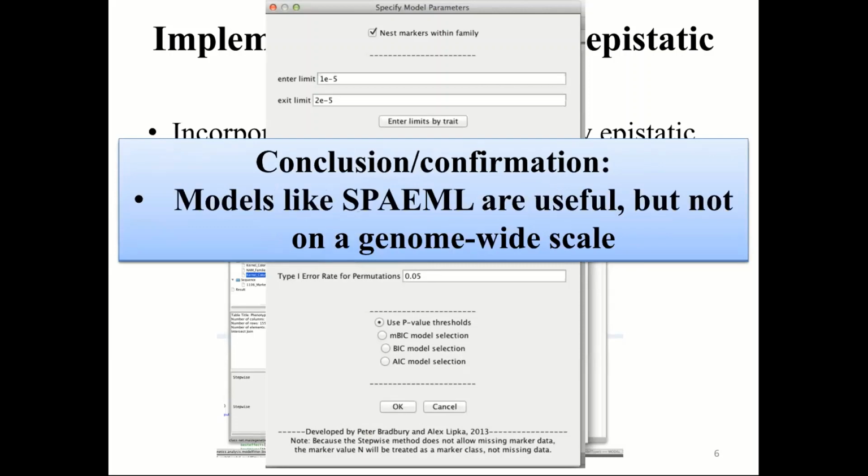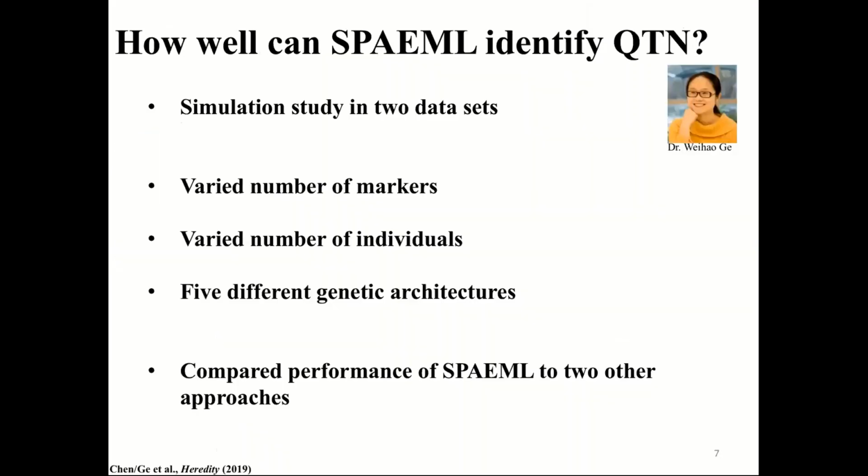So this preliminary analysis I've been doing was a confirmation of what has been shown in the literature. Models like SPAMEL are useful, but not on a genome-wide scale. So my future direction is to come up with biological approaches to help you hone in on specific loci in which to try SPAMEL, but more on that later.